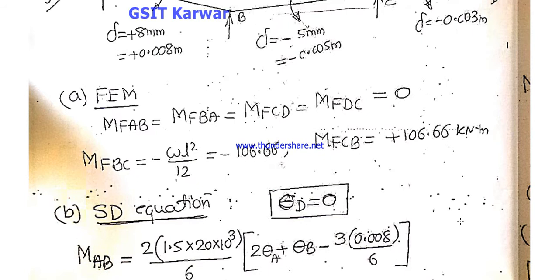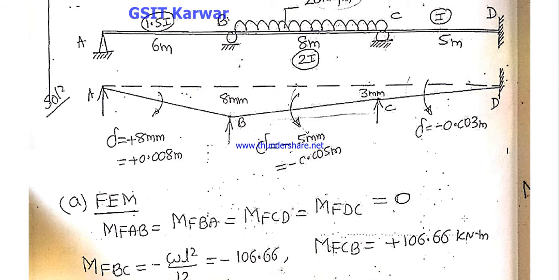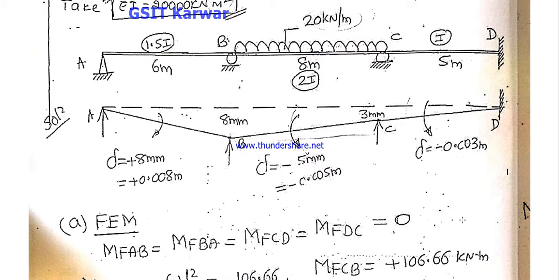Next, take one by one steps. The first step is fixed end moment calculation. For calculating fixed end moment, here you can observe the fixed end moment AB, fixed end moment BA, fixed end moment CD, fixed end moment DC are equal to 0.